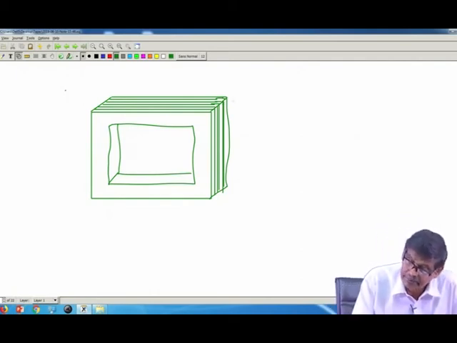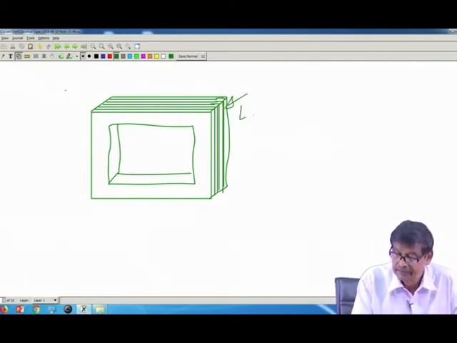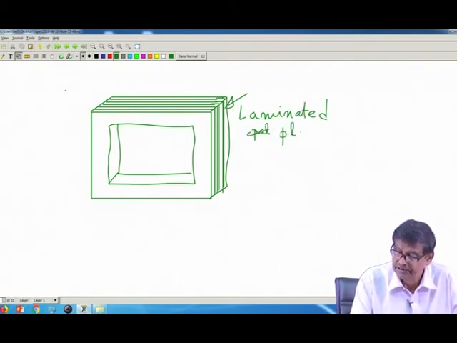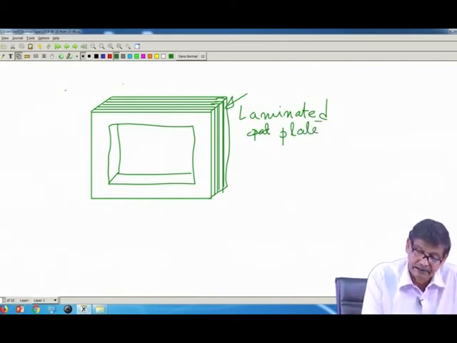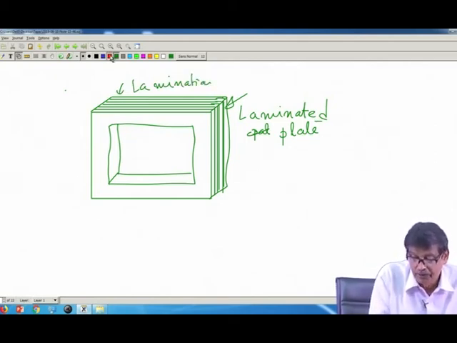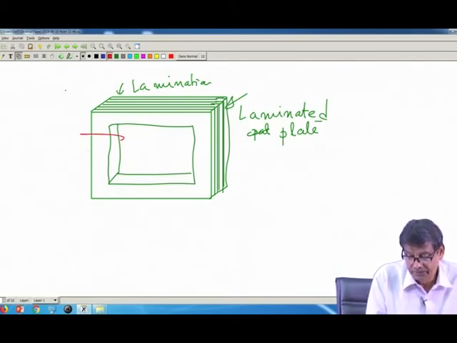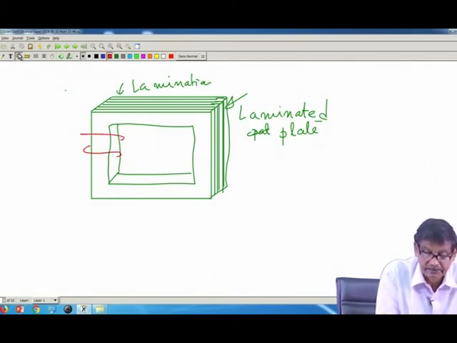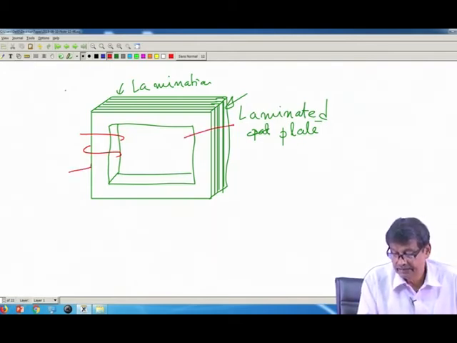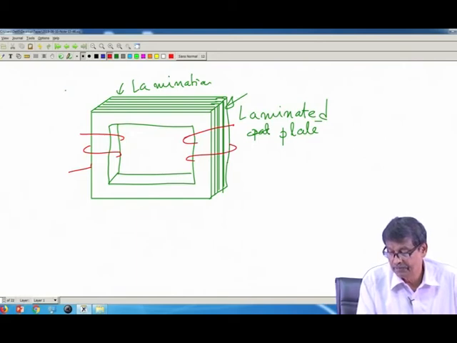These are also called laminated plates; in short, each plate is called a lamination. Then you make your winding not over a solid piece of iron, but like this. On another side it is like this, make your primary and secondary.